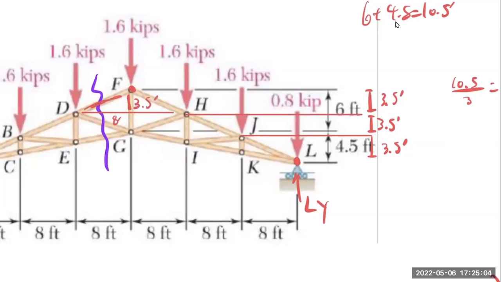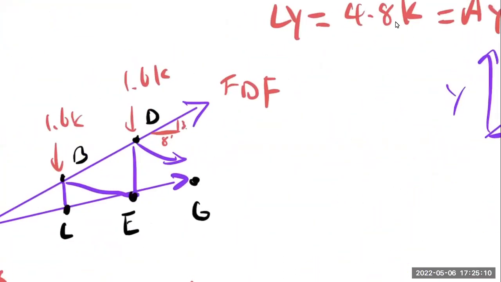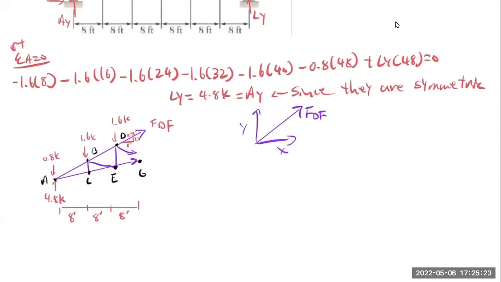So we're able to determine this distance right here by just doing the Pythagorean theorem, so we get this to be 8.73 feet. Okay. Right now, we can take a moment. So let's do summation of moment at G equals 0.